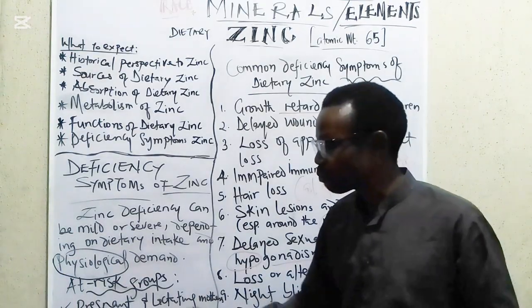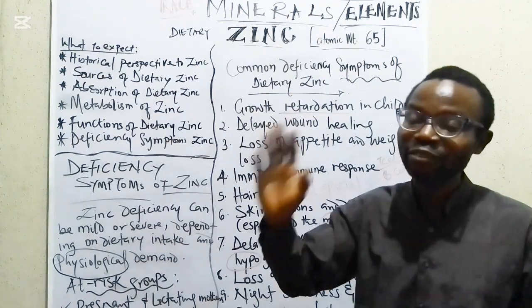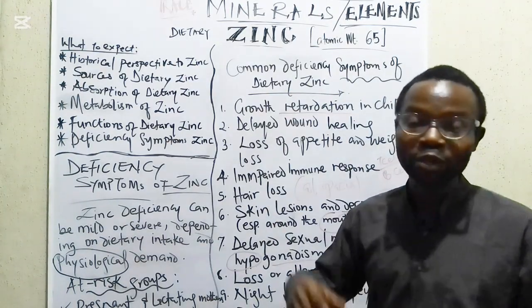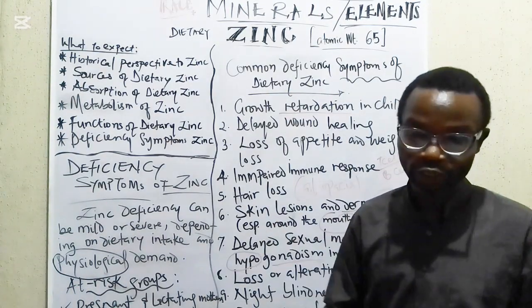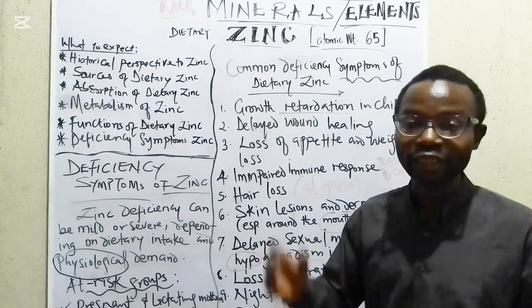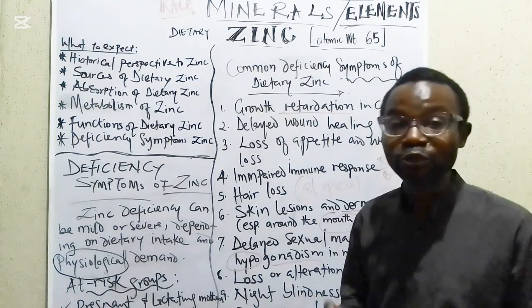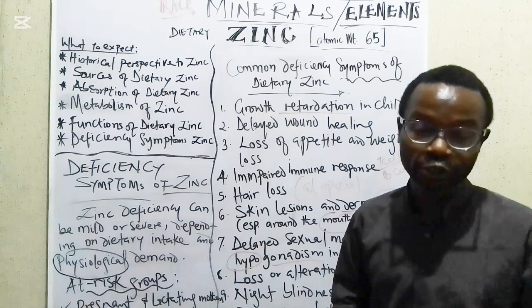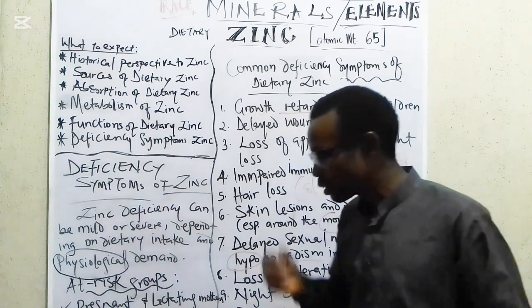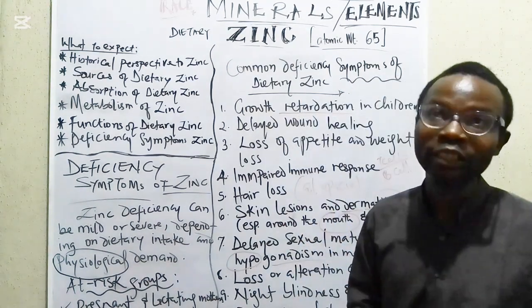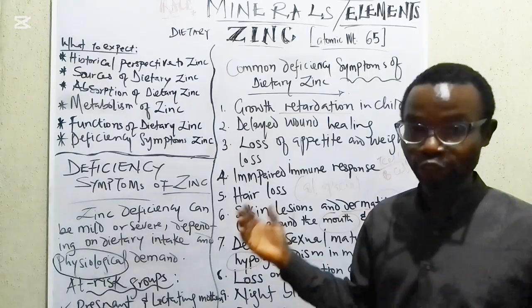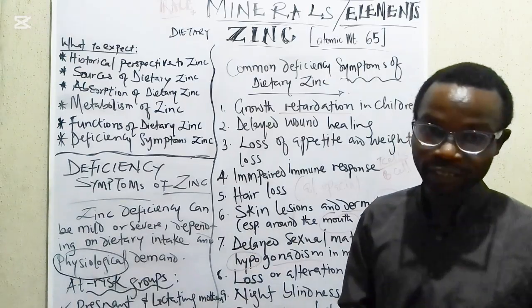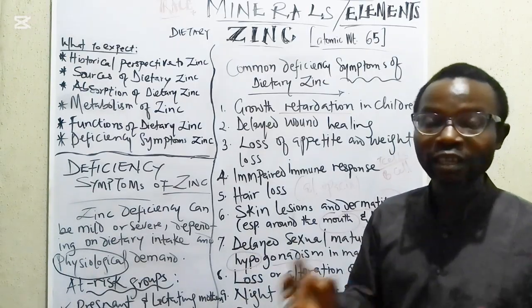So zinc is very important in every aspect, starting from when we're in the womb to when we come out as a baby, the young little child running around, to the adolescents, and even to the elderly. Very, very crucial.